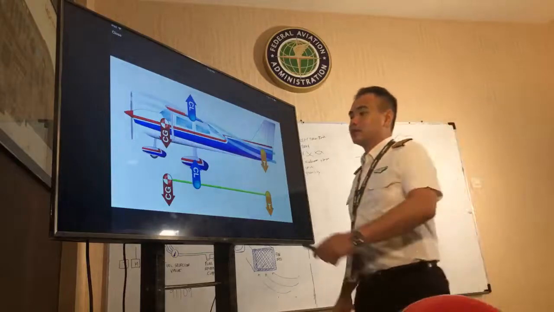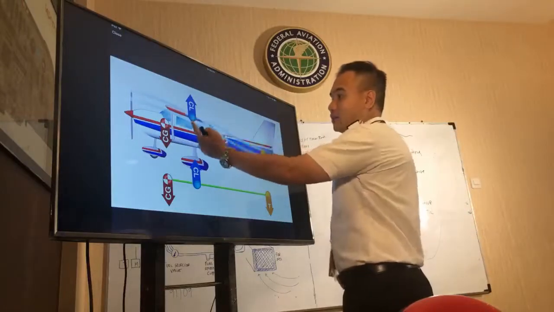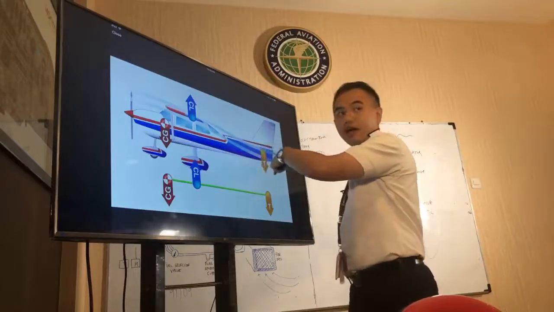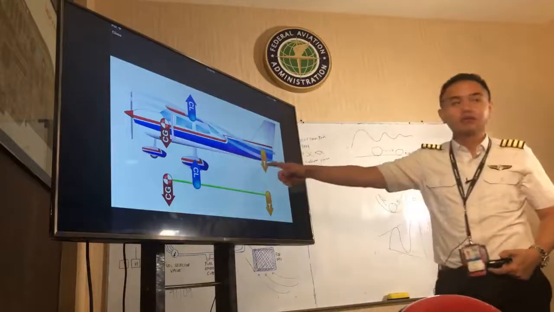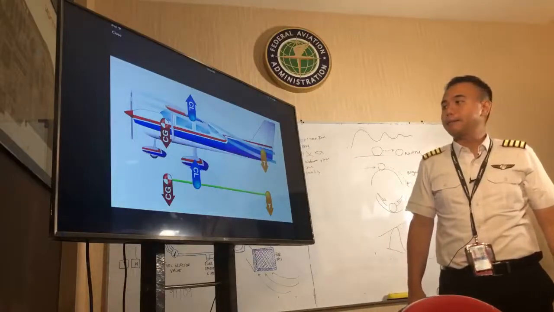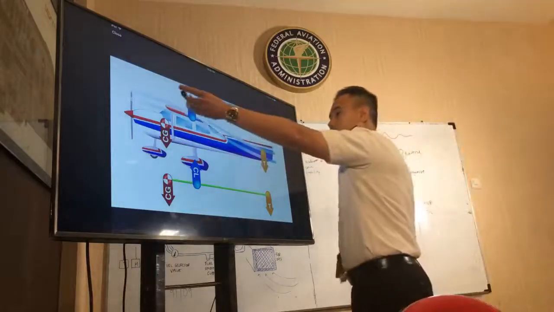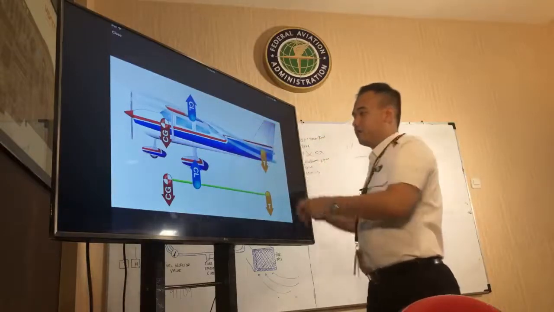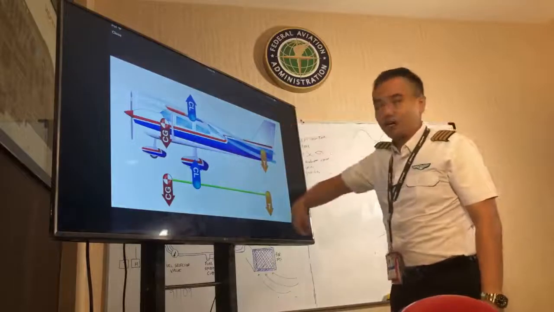So when you have center of lift, how do you balance that? You have the downside movement from the tail. There's a downwash from the wing going to the tail, which gives the tail down pressure.